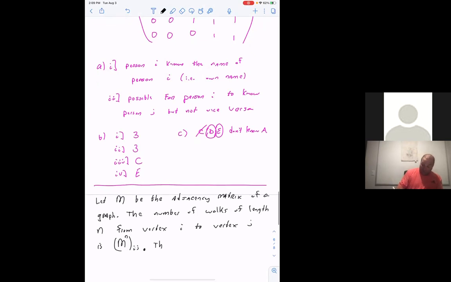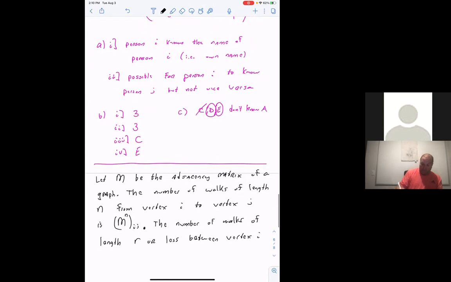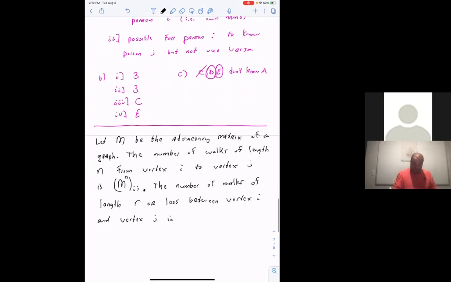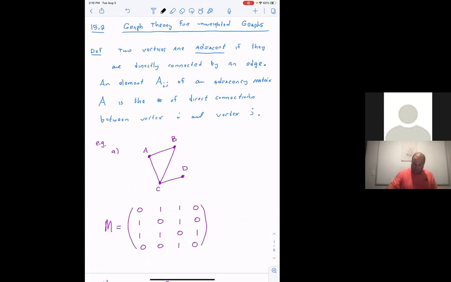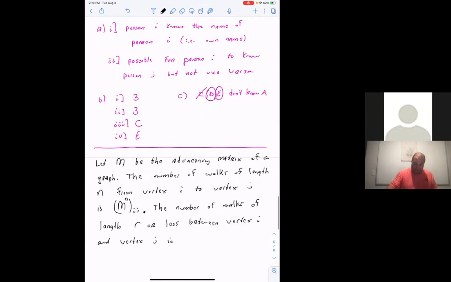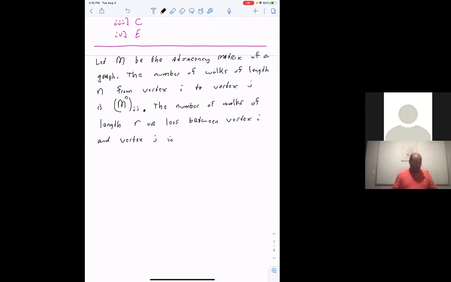Now, the number of walks of length n or less between vertex i and vertex j is, now unfortunately, at least at this level, there's no convenient way of doing this.